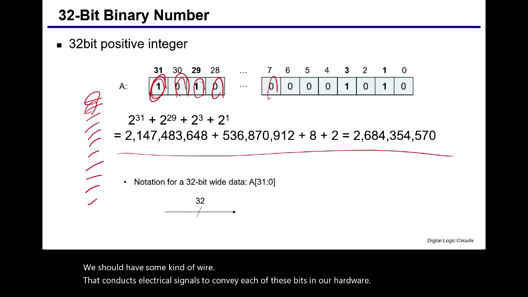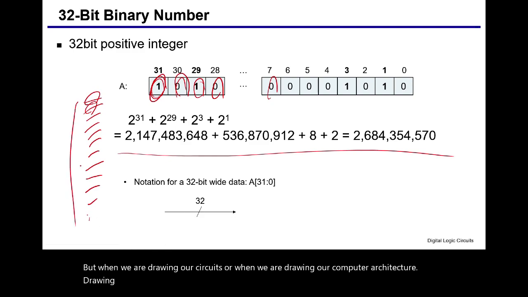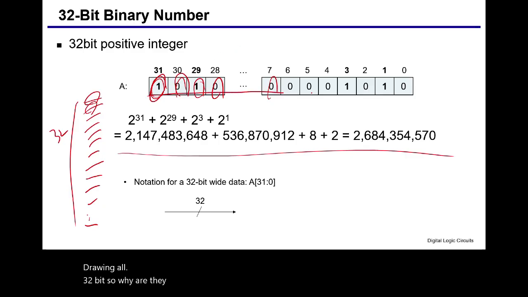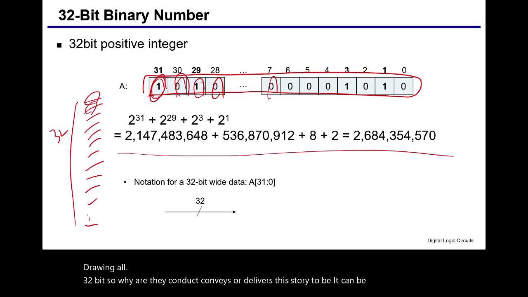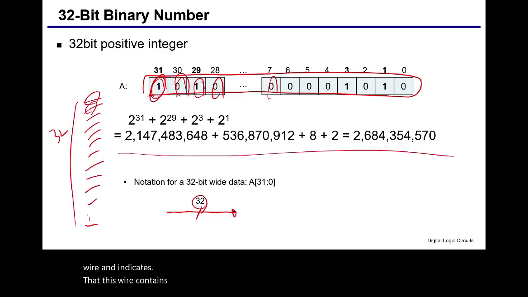But when we are drawing our circuit or our computer architecture, drawing all 32 wires that deliver these 32 bits can be cumbersome. So when we are drawing a line or wire that conveys 32 bits of data, we simply draw a single wire and indicate that this wire actually contains 32 individual bits.